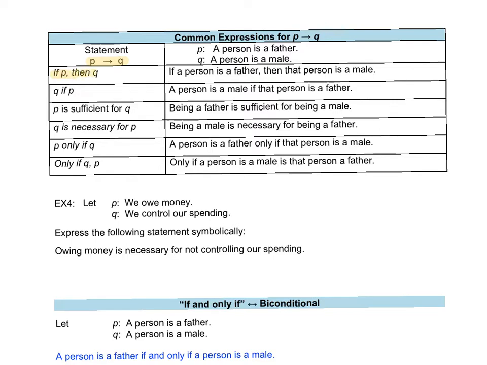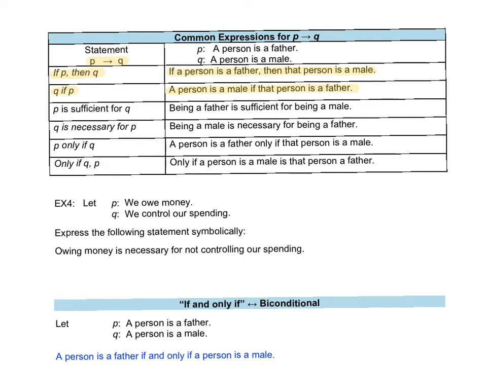If P, then Q, if a person is a father, then that person is a male, would be the same as if I change the order and I just put an if between them. So Q if P. A person is a male if that person is a father. Now those two statements, if a person is a father, then that person is a male, a person is a male, if that person is a father, they mean the same thing.